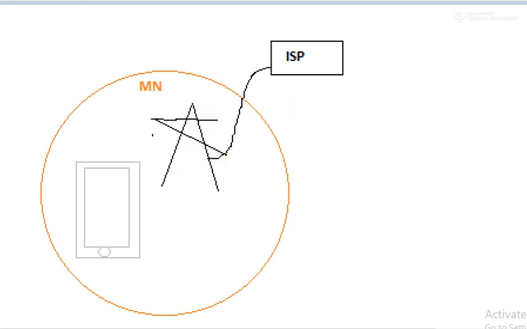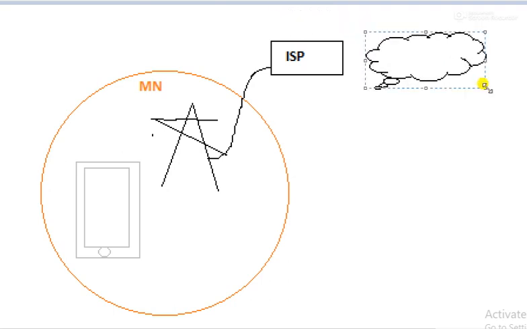And further this ISP will be connected to the internet, and further there will be a server, as I had considered in the previous example.